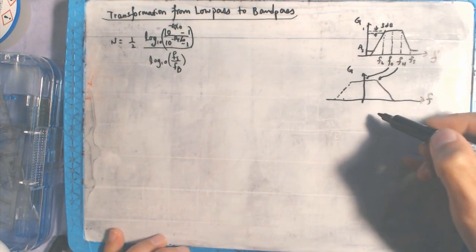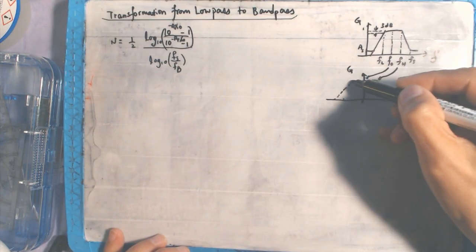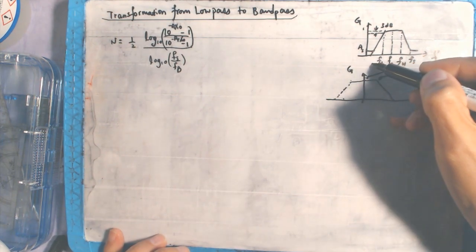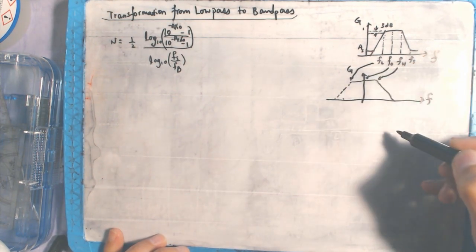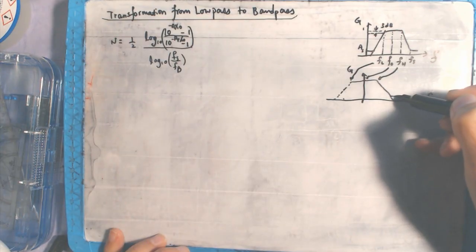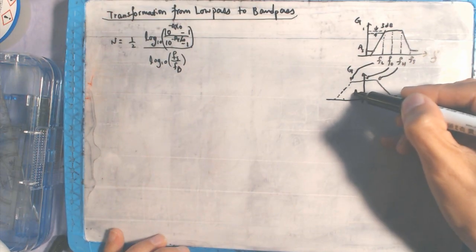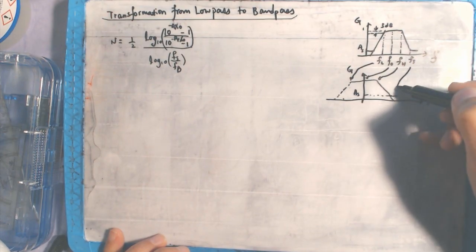And obviously this frequency is non-existent, it's imaginary, but you can still map it. It's a negative frequency. And obviously you can also map, for example, when you have a stop band gain here, A S. You can map this to here as well.